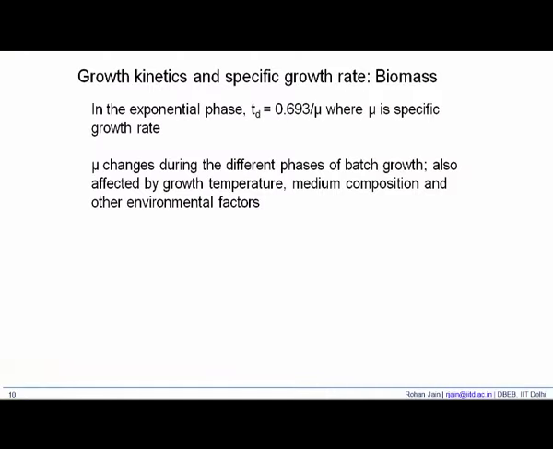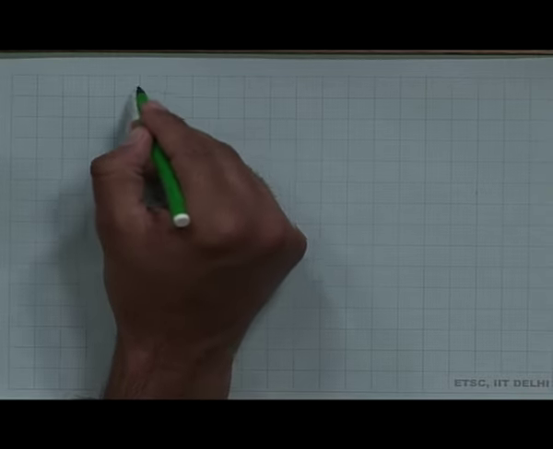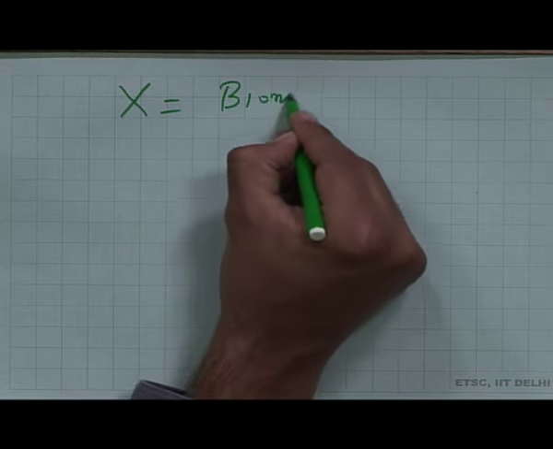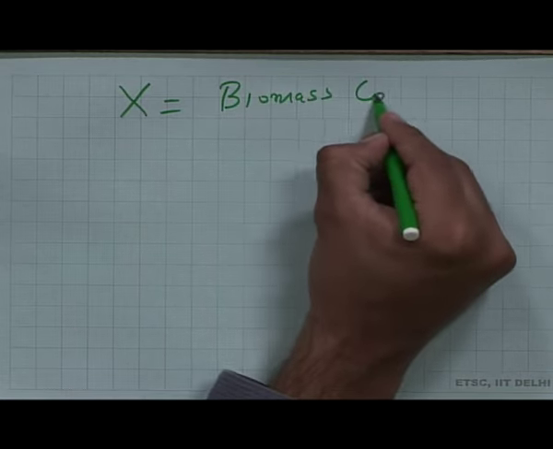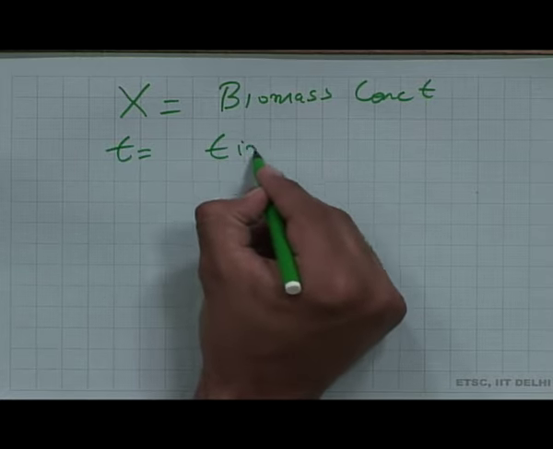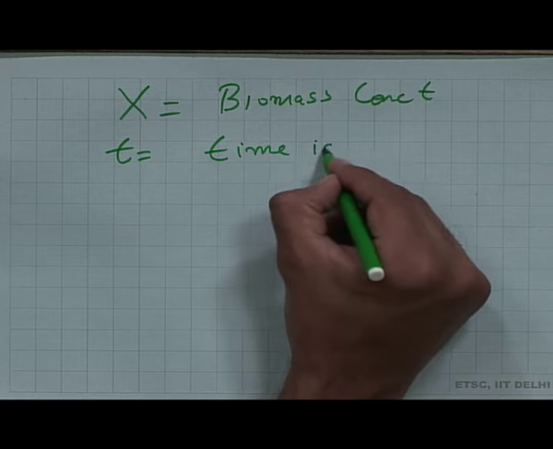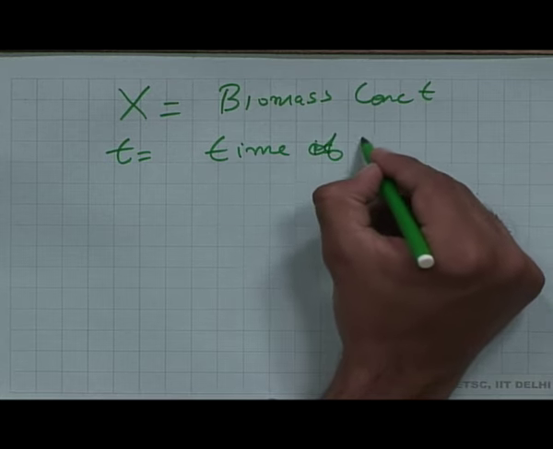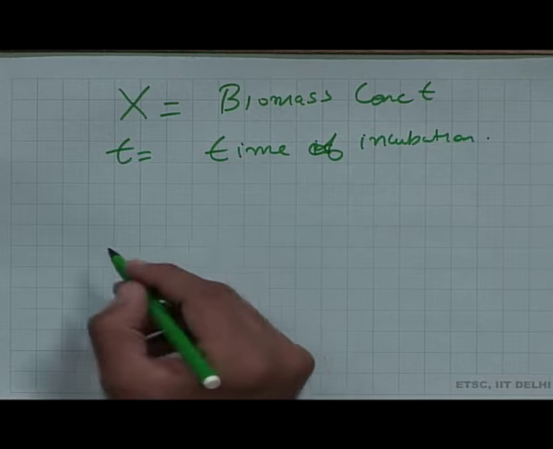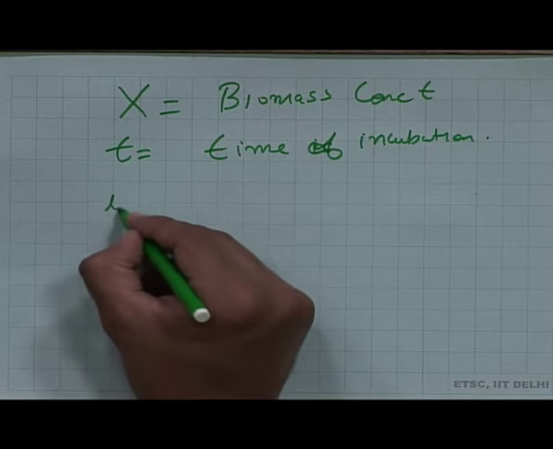Okay. So, how do you do it? That is a question that we want to answer. So, let us look at this. What is X? X is our biomass concentration. What is T? T is time, basically the time of incubation from the starting point. Okay. And what is mu?